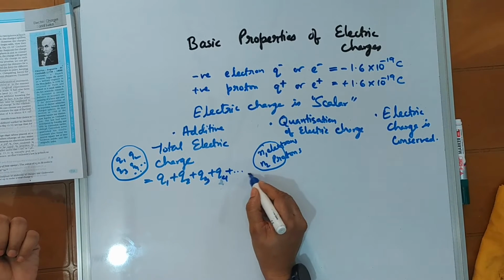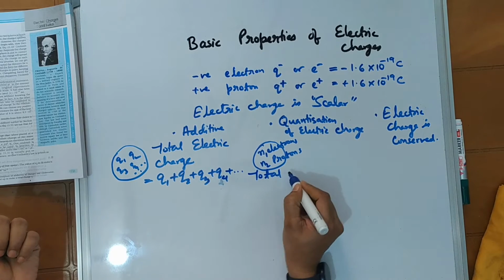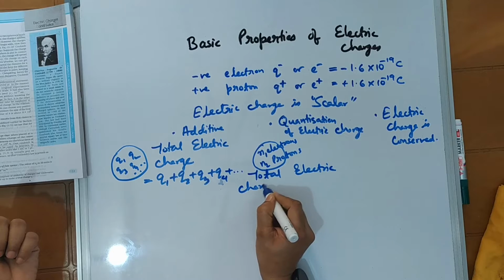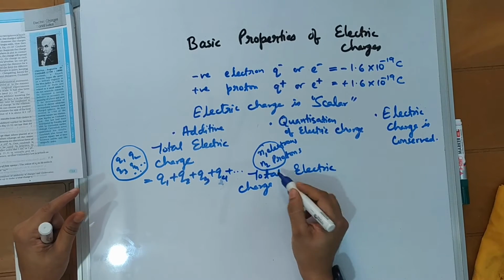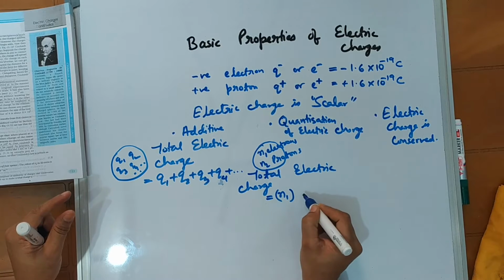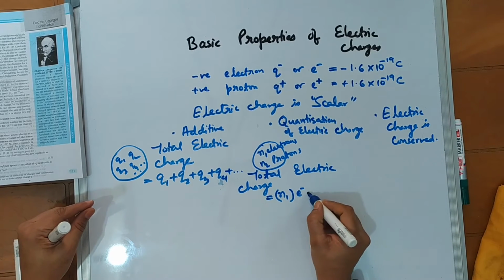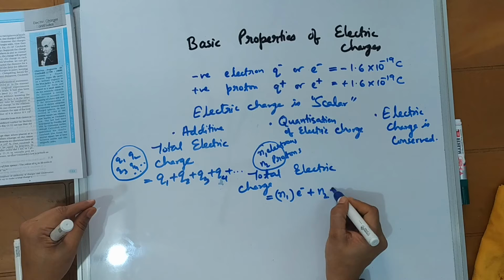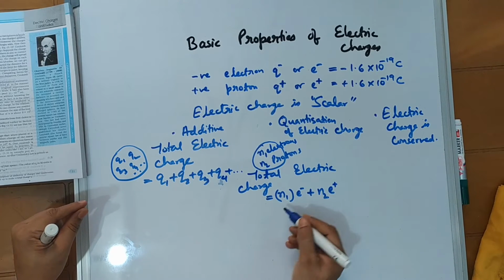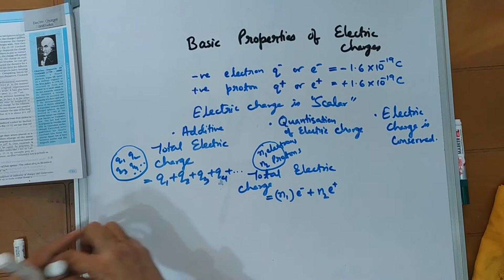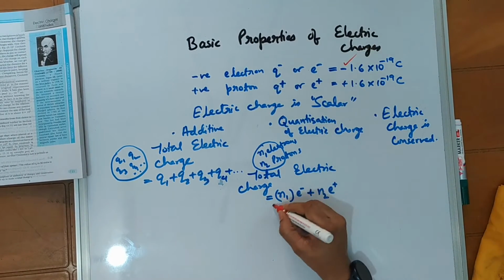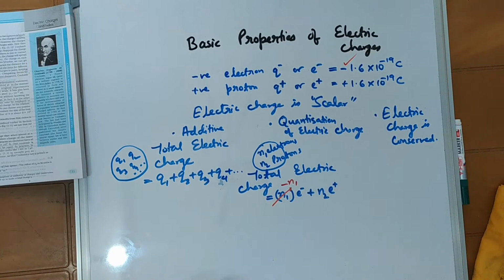Then the total electric charge on that body is n1 times the charge on one electron plus n2 times the charge on one proton. Here the charge on an electron is taken as negative, so this will be minus n1.